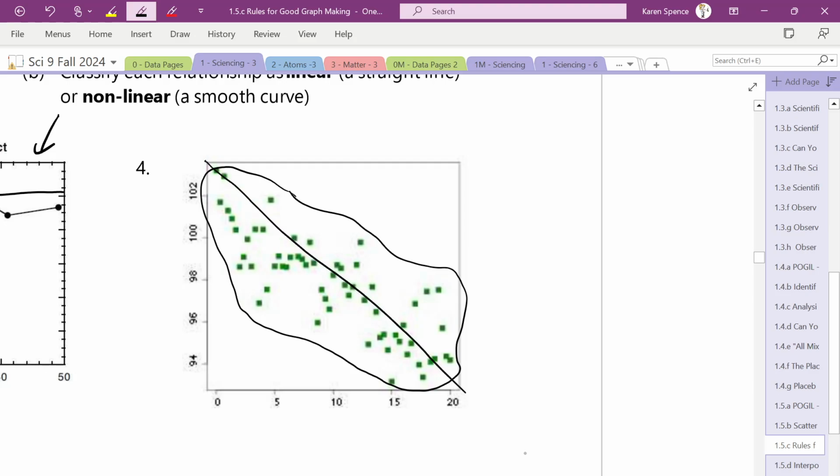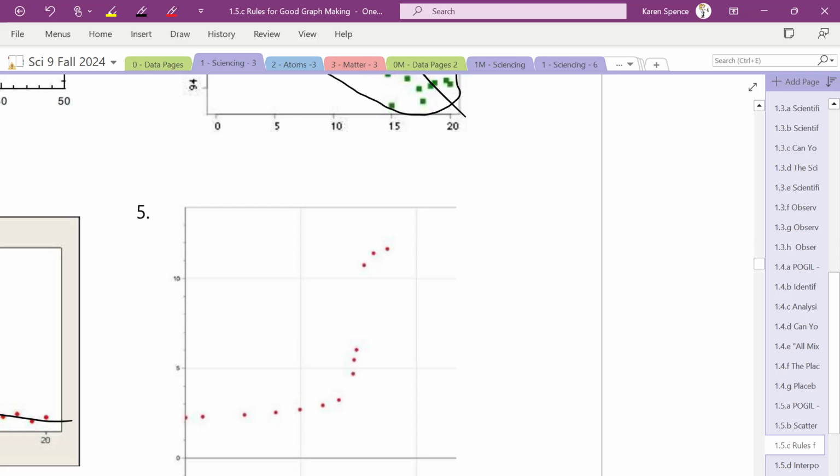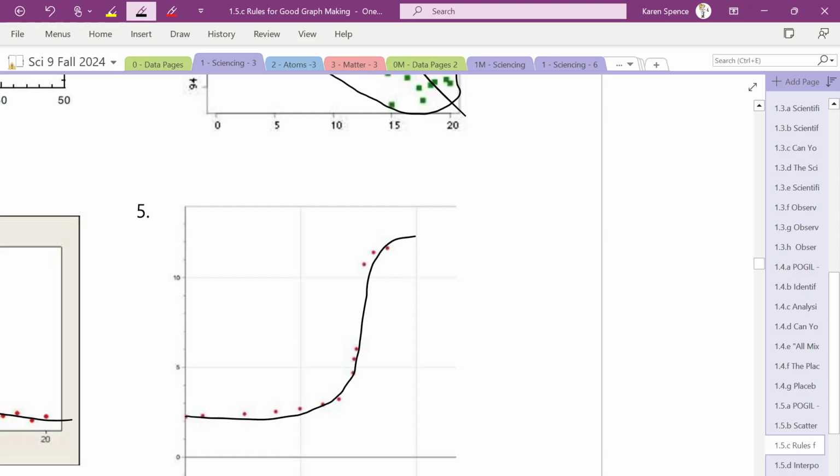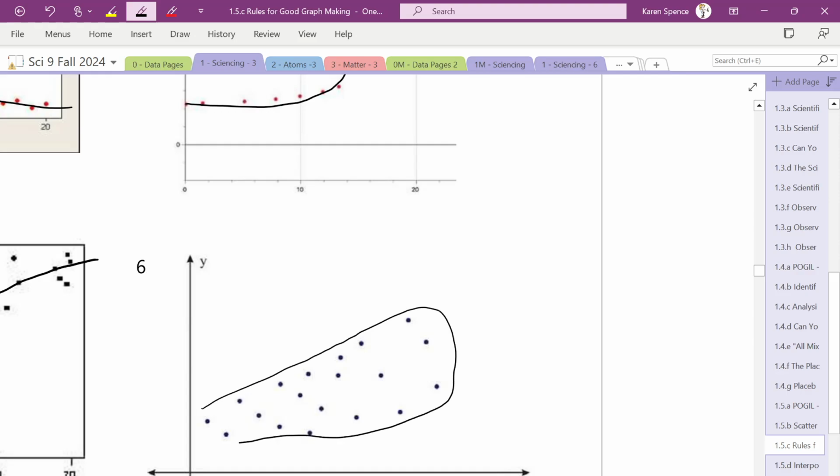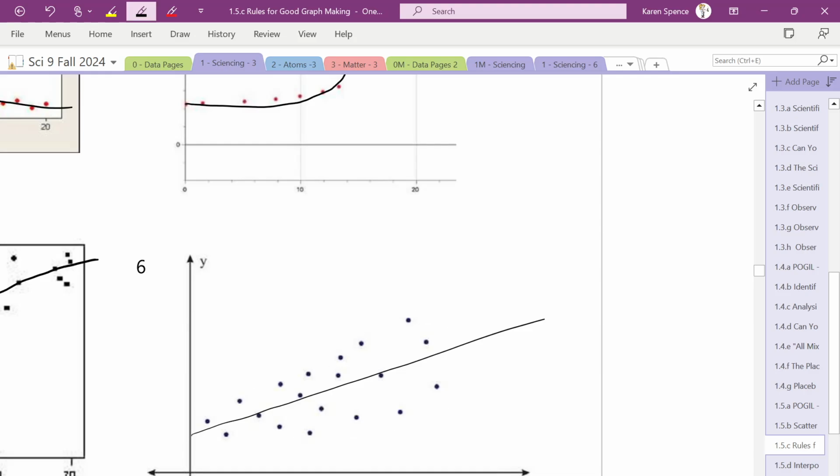You don't have to draw the blobby shape. You can just draw the line. But if it's helpful, now this one is sigmoidal. I didn't do a very good job there. I would redraw that. You can draw a blobby shape and then cut it in half, and then you would erase the blobby shape. Or you can just eyeball it. You can just look at it and be like, that's about where it goes. Either way is fine.